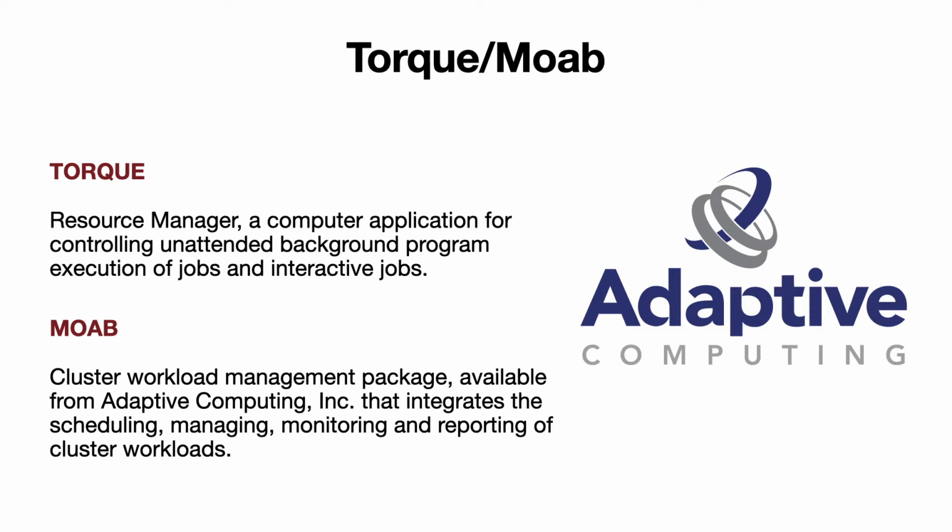Moab is a commercial scheduler from the company Adaptive Computing, and they basically integrate the scheduling and also the monitoring of the health of the whole cluster, and also produce some reporting and tools that are very useful for the system administrators of the cluster.